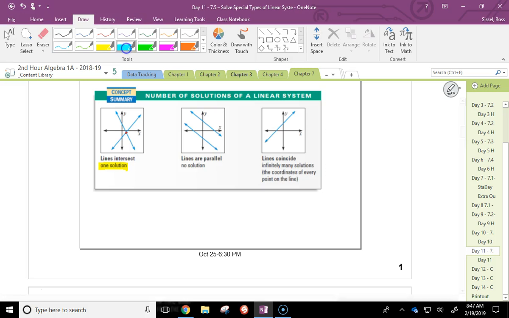If we have no solution, that means our lines are parallel, and they never cross. And then if we say our lines coincide, we say infinite many solutions, or just infinite solutions. And that means that our line was the exact same line.